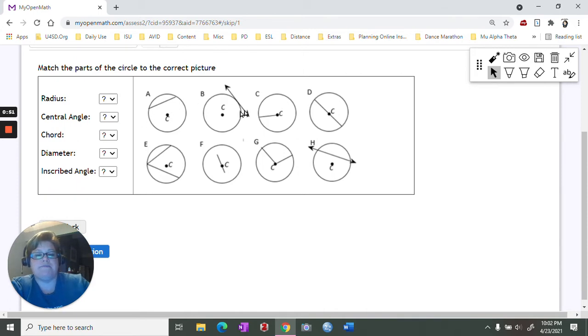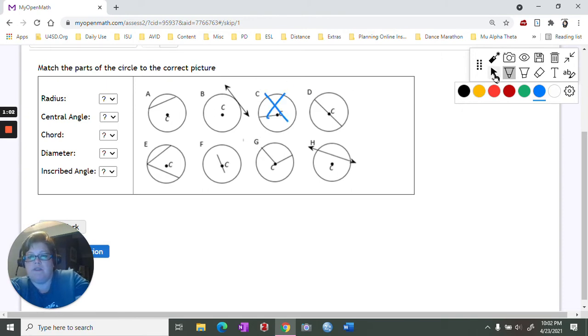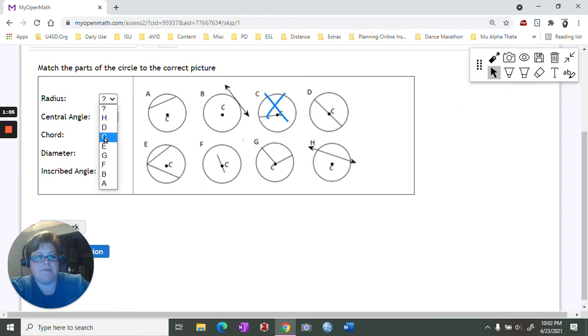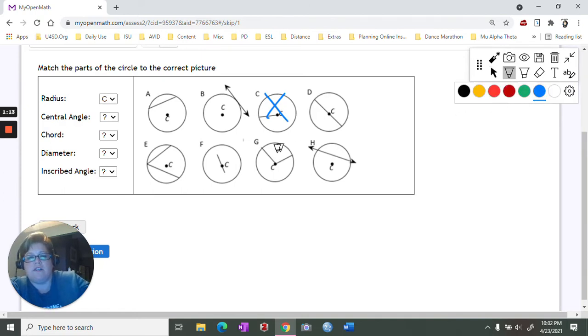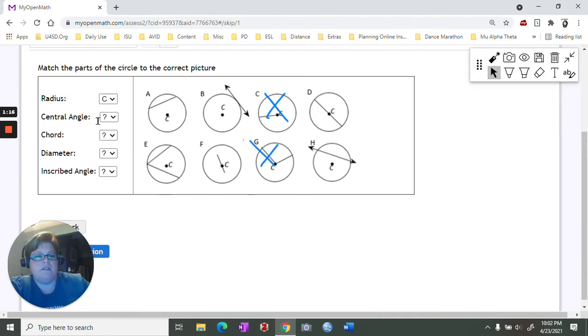Our radius, remember, is drawn from the center to the curve of the circle, so that is figure C. The central angle, the vertex is on the center, so that is figure G. Our chord is a segment that goes from one portion of the curve to the other, just a segment connecting two points of the circle.